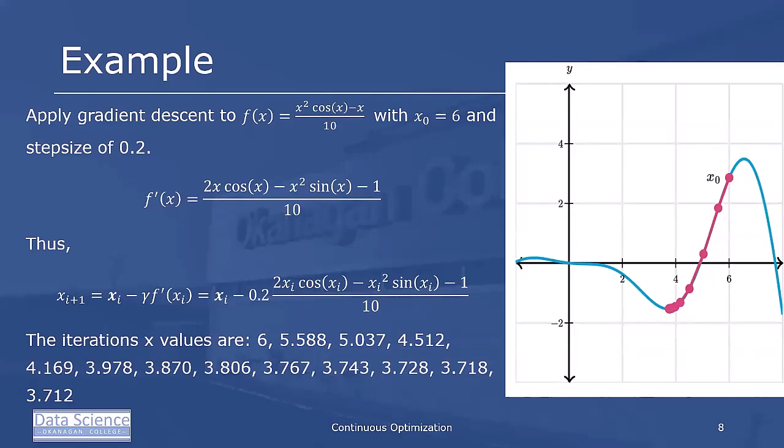The iterations' x values are 6. We plug 6 in for x i, we get 5.588. If we plug that in for x, we get 5.037. And you can follow this along down the pink line on the gradient. 4.512, 4.169, 3.978, and so on.